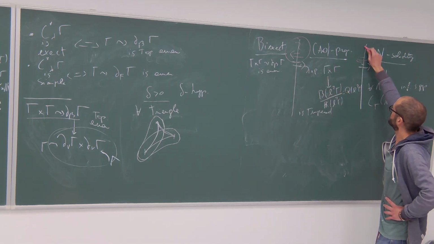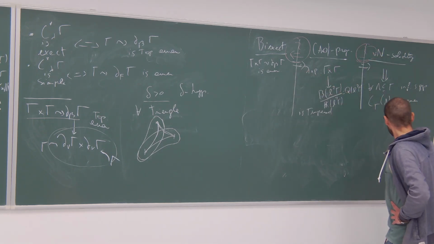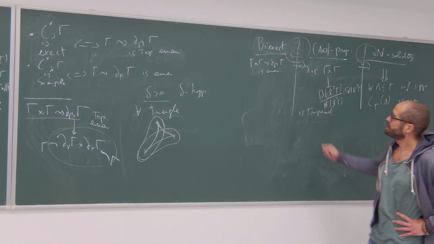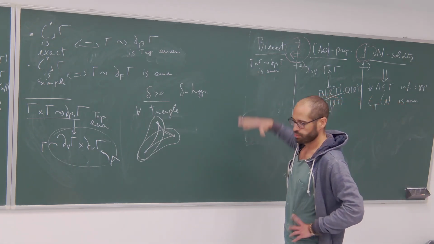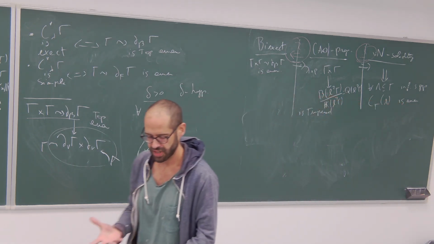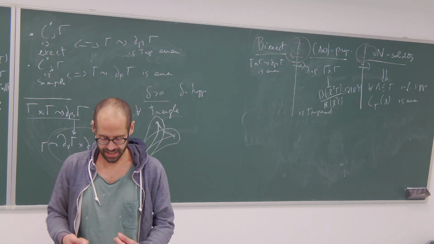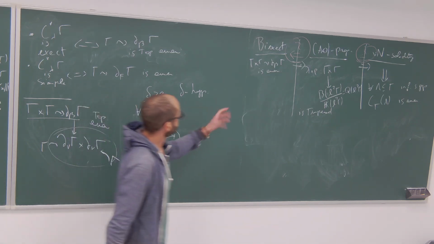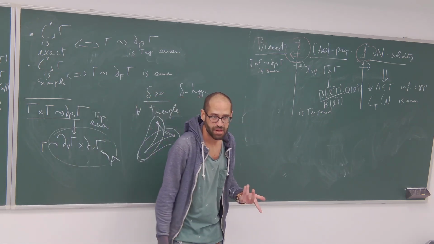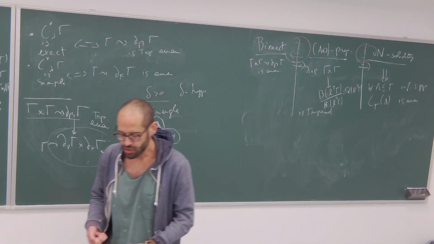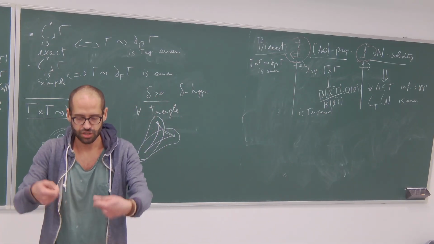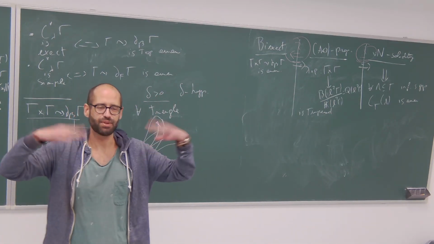So say again, what is bi-exact? Bi-exactness is the following, that you have your group, now you have both a left action and a right action on your group. So you have an action of gamma times gamma, because they commute. And then you can extend this action to the Stone-Cech boundary, that is the biggest possible boundary.